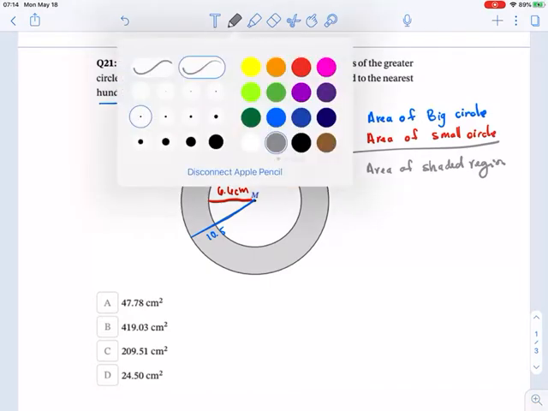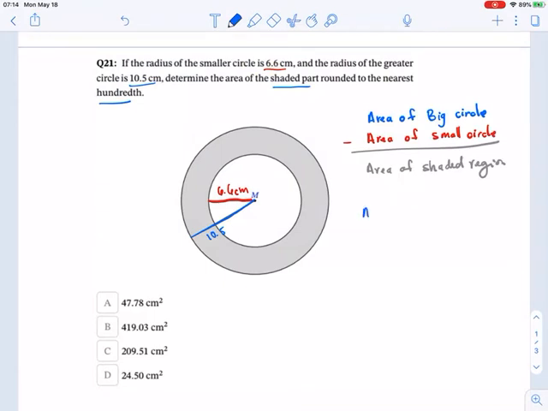I'm going to start with the area of the big circle. Let's label it area of big circle, and I'm going to say pi times r squared. Now, I'm going to change pi to 3.14, and multiply that by radius 10.5, squared.